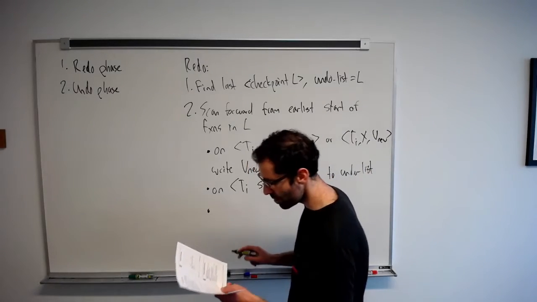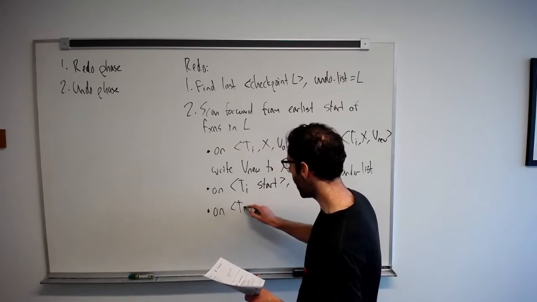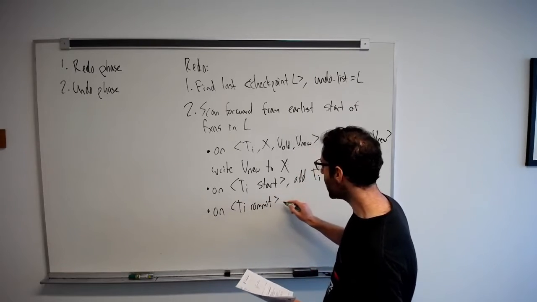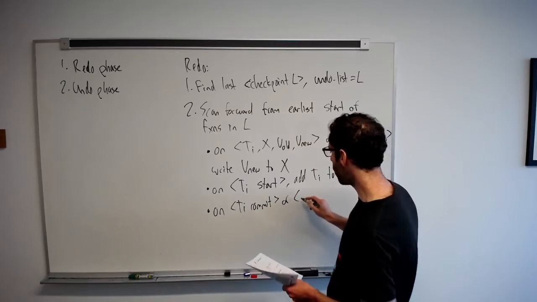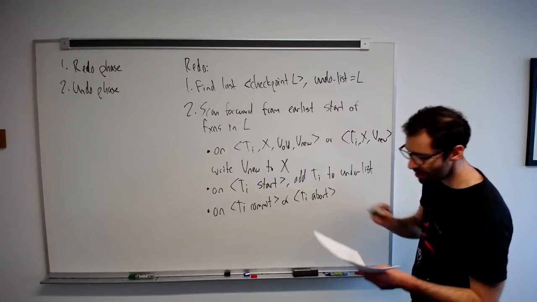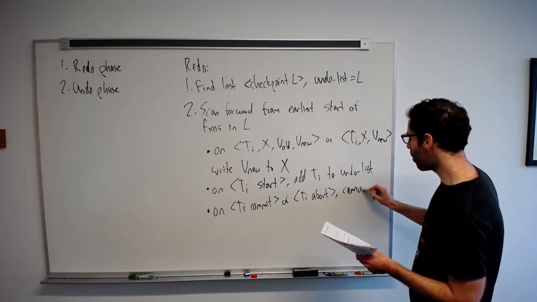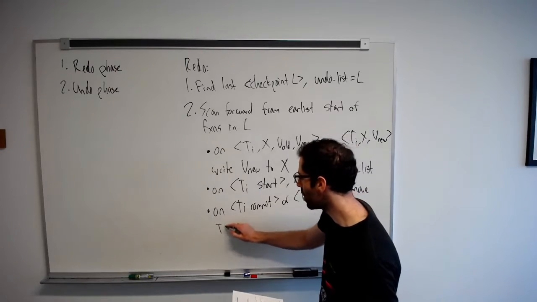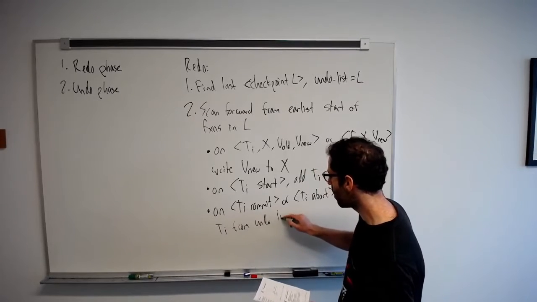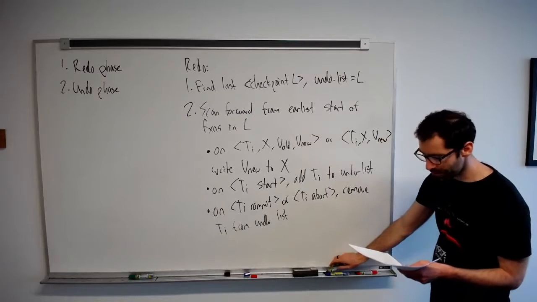And third, when we see a commit or an abort for some transaction T_i, that's when we'll remove T_i from our undo list.